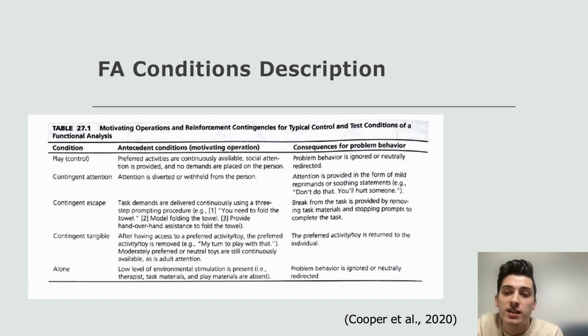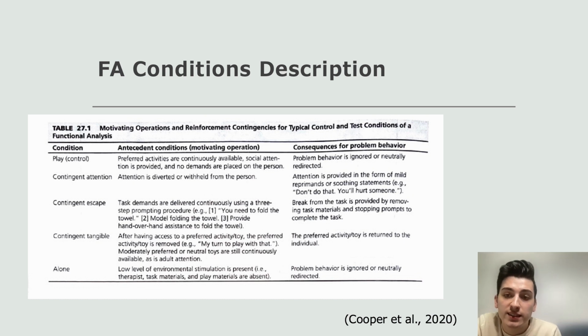Next, in the contingent attention condition, the client may be engaged in their preferred toys and activities, but the assessor is not engaging with the client. The client then engages in a target behavior of headbanging, and in return, the assessor provides attention to the client, and the client stops headbanging.